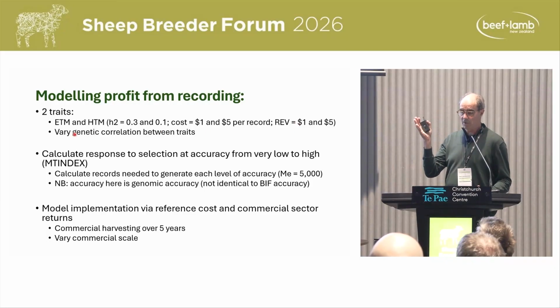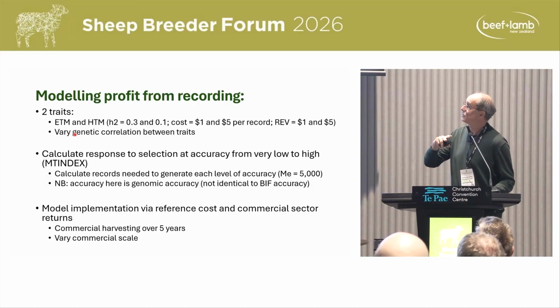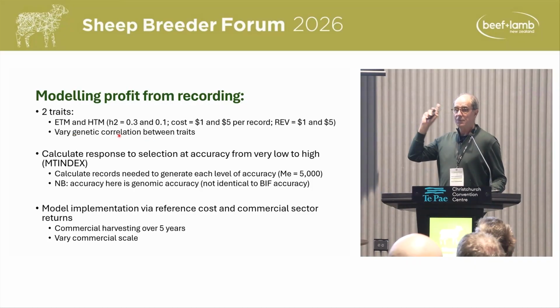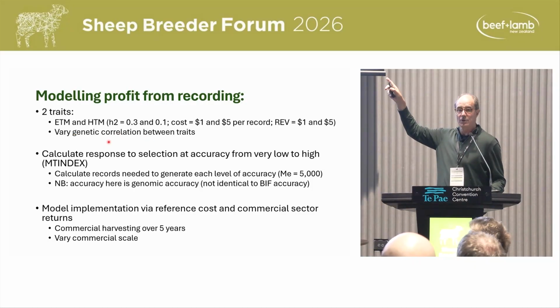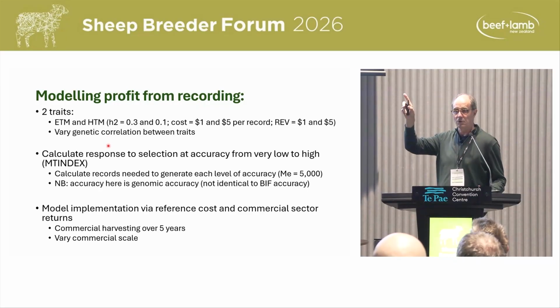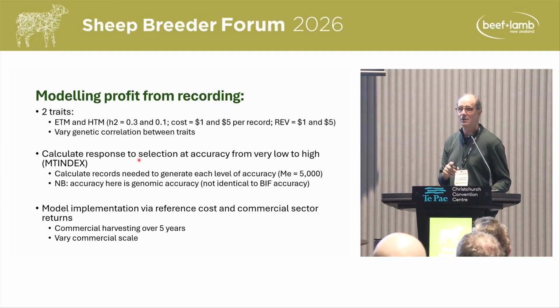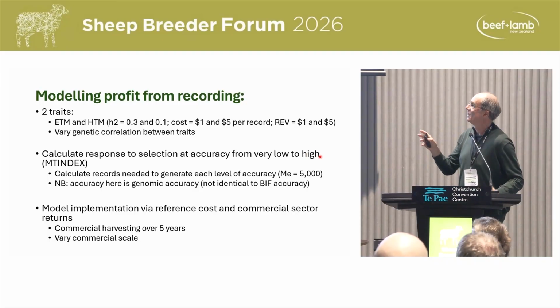In my little example, I've just modelled two traits. One's easy to measure, one's hard to measure. Anybody who's just tracking that red thing around is going to be shot, because that's a carryover from an old recording, so I won't shoot anybody, it's okay. But it's kind of a distraction, and I've just made it a bigger one.